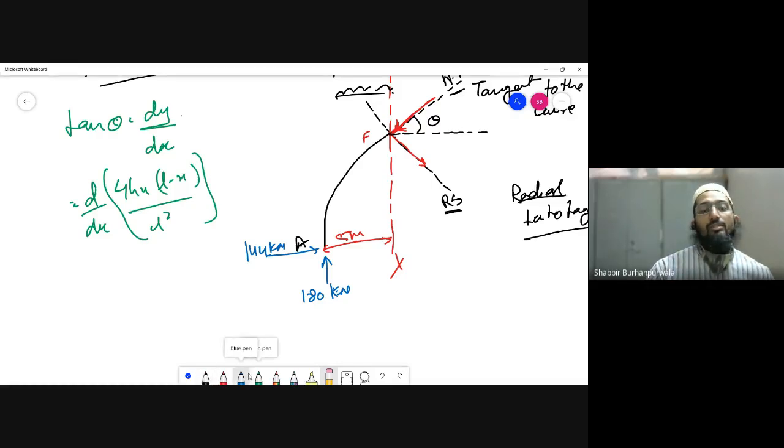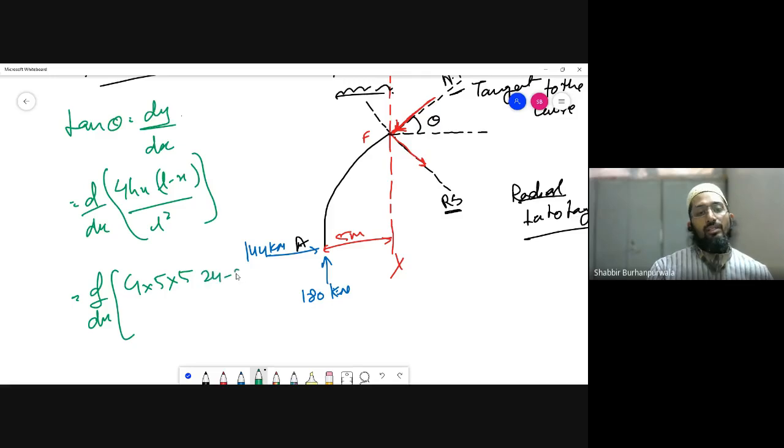So coming back to this particular equation, this is equal to d by dx. Now 4 into h, how much is the total height? Height is 5 meters, and the value of x is 5 meters. Then L, how much is the total length? 24 minus 5. Sorry, first we need to differentiate it.